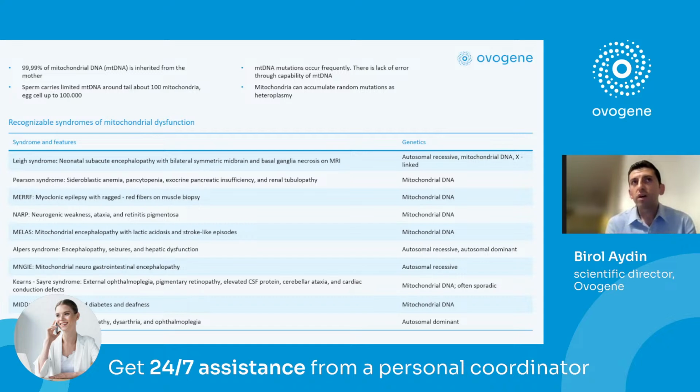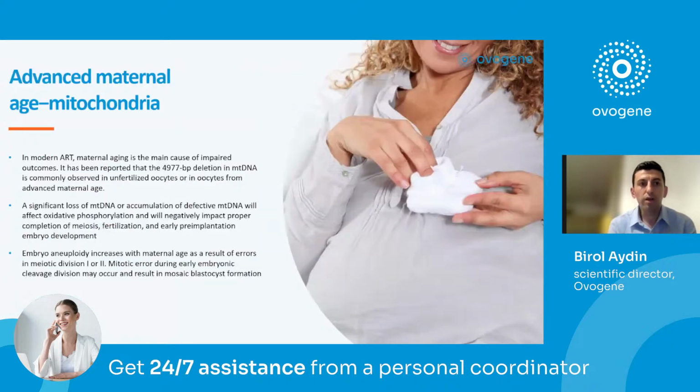We found that even though they had very low quality eggs, after mitochondrial transfer they gave very good quality blastocysts. Then we started to think: why not use this model for advanced maternal age? That is how mitochondrial treatment started as an alternative for advanced maternal age.